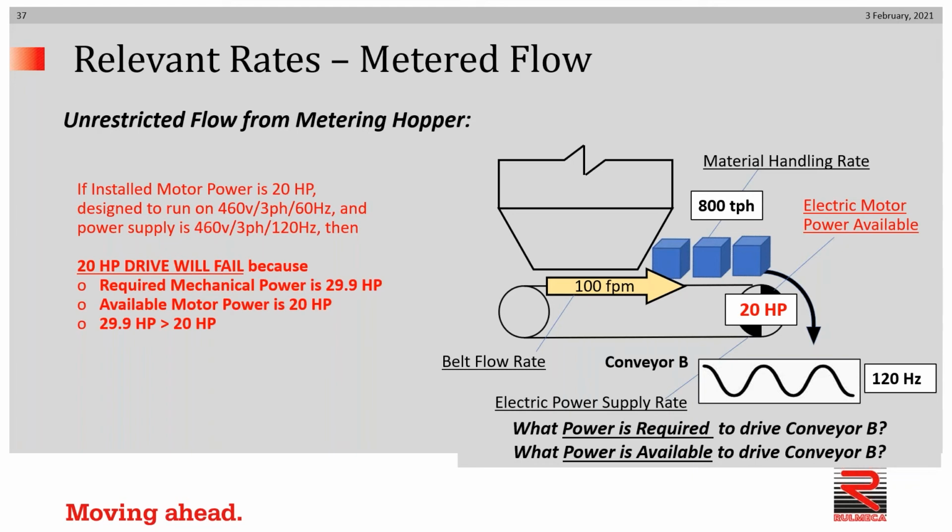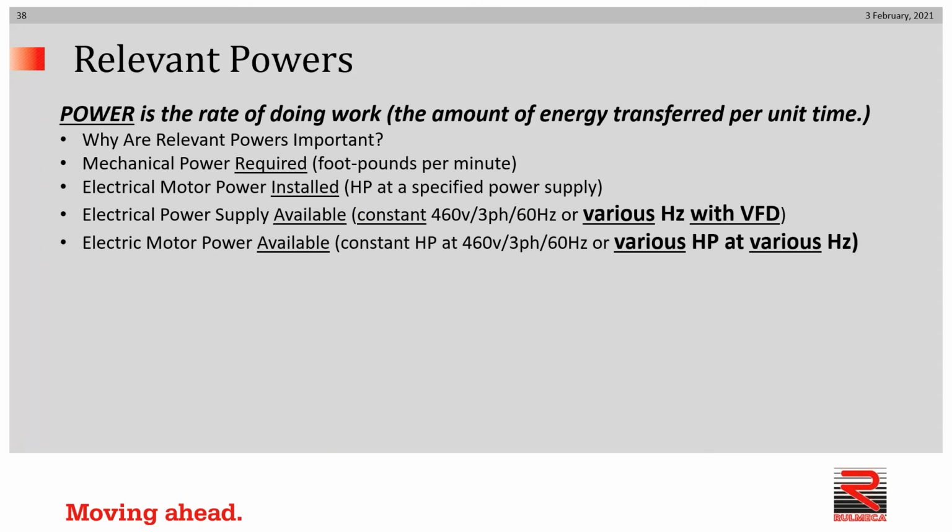Power is the rate of doing work or the amount of energy transferred per unit time. Why are relevant powers important? And what are these powers? Mechanical power required is generally determined in terms of foot-pounds per minute or horsepower. Electrical motor power installed is usually specified in terms of horsepower at a specified power supply.